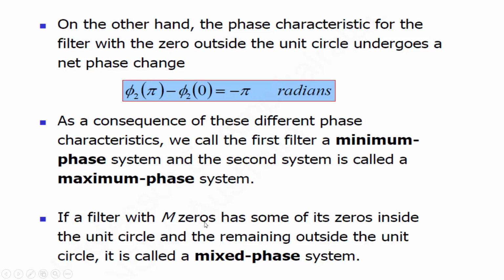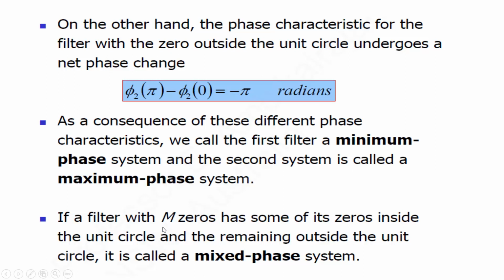And there is a third possibility also. If a filter with m zeros has some of its zeros inside the unit circle and some outside the unit circle, then it is called a mixed phase system. Meaning, when all the zeros are inside the unit circle, that will be a minimum phase system. When all zeros are outside the unit circle, it will be a maximum phase system. And I have already explained the difference between the minimum phase and the maximum phase.